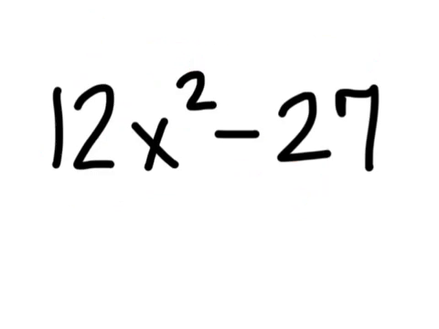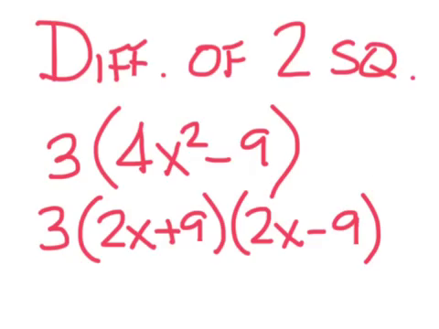It is factorable. It's got to be a difference. Difference of 2 what? When you factor out a 3, you're left with 4x squared minus 9. That is a difference of 2 squares.